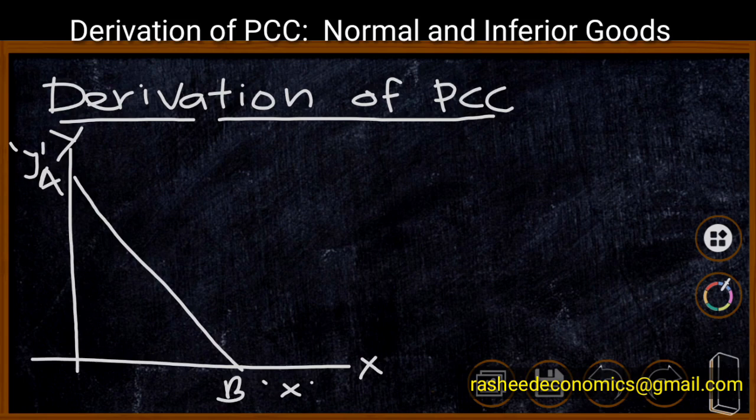The consumer will be in equilibrium at the point of tangency between the income price line and the highest possible indifference curve. This is indifference curve 1. This indifference curve 1 is tangent to the income price line AB at point A, and the consumer identifies his equilibrium at point A. Now he is consuming a particular quantity of X and a particular quantity of Y.